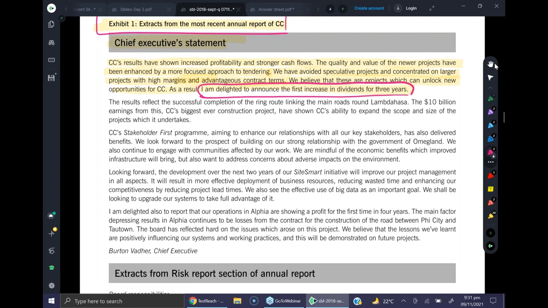Can we use it somewhere? I mean, dividends are relevant, but so this can be used somewhere in question number 1, part A.